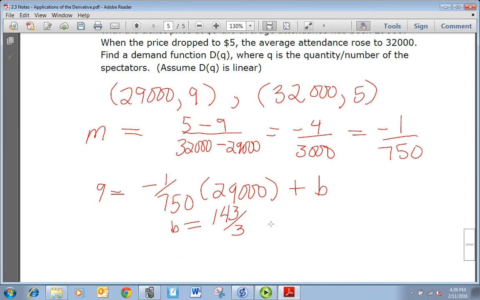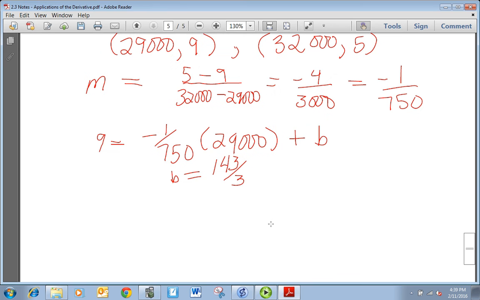I'll trust you to do the algebra there. So we finally get our function. It's going to be -1 over 750 Q plus 143 over 4.